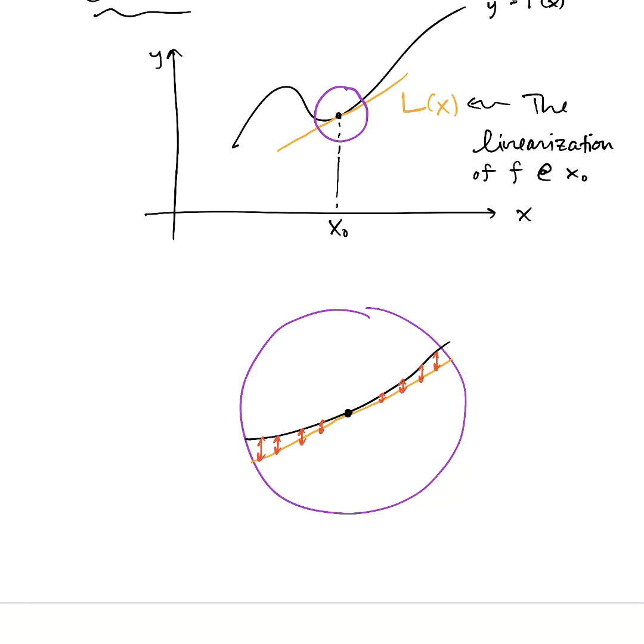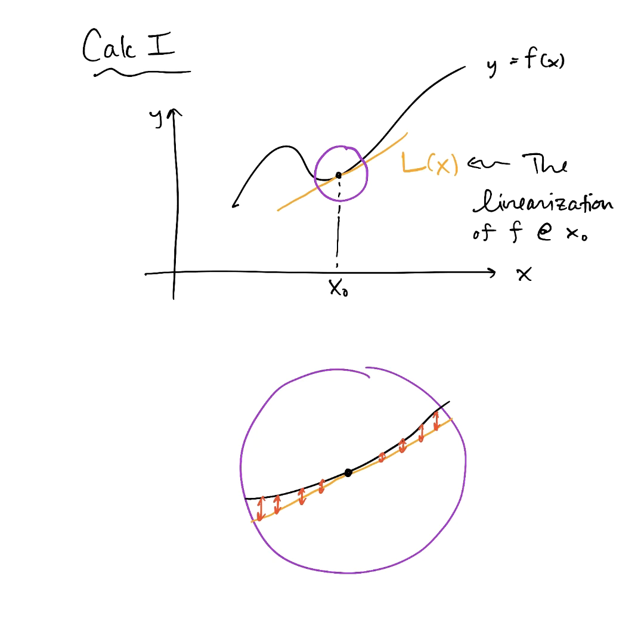Okay, so that's what the story was like in Calc 1. You say, I have a complicated function. I'm interested in knowing its values near some certain spot x naught. I will write the tangent line instead, and I will use that to estimate my function.